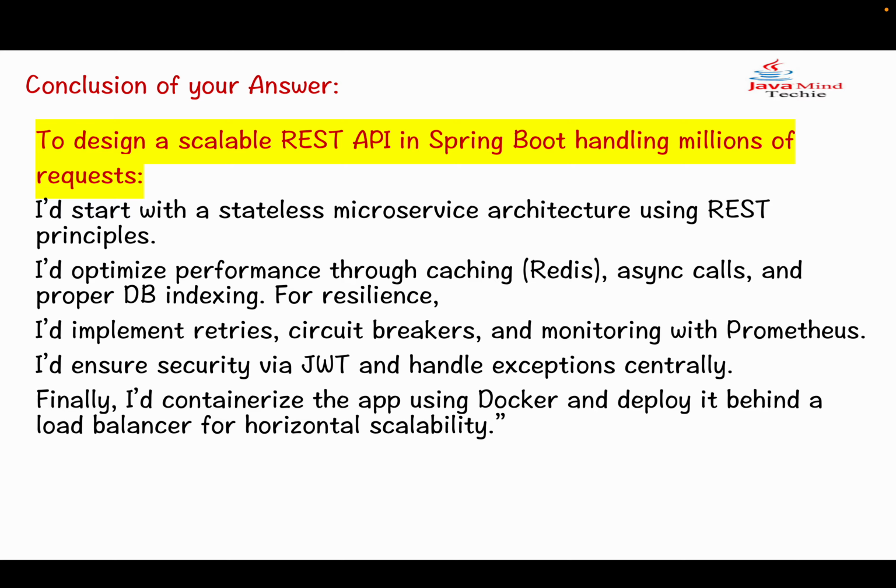For resilience, I would implement retries, a circuit breaker and monitoring with Prometheus and Grafana. Then I would ensure security via JWT token and handle exceptions centrally and globally with the help of @ControllerAdvice. Finally, I would containerize the application using Docker and deploy it behind a load balancer for horizontal scalability.